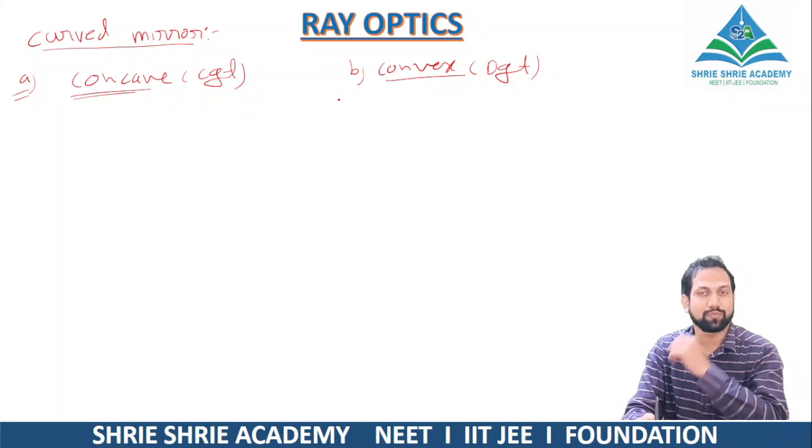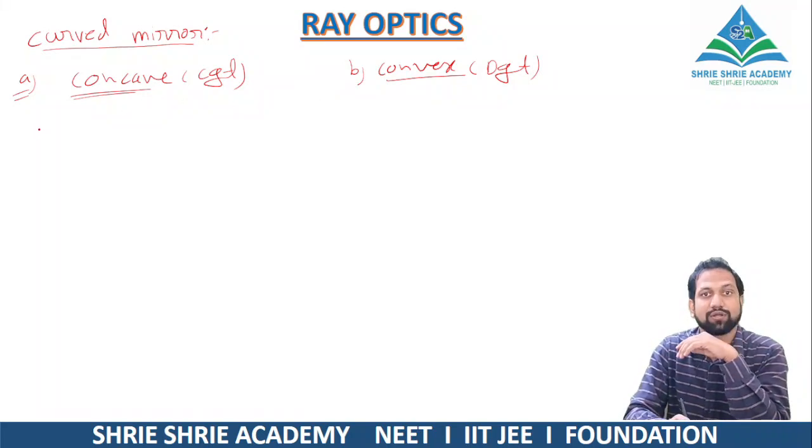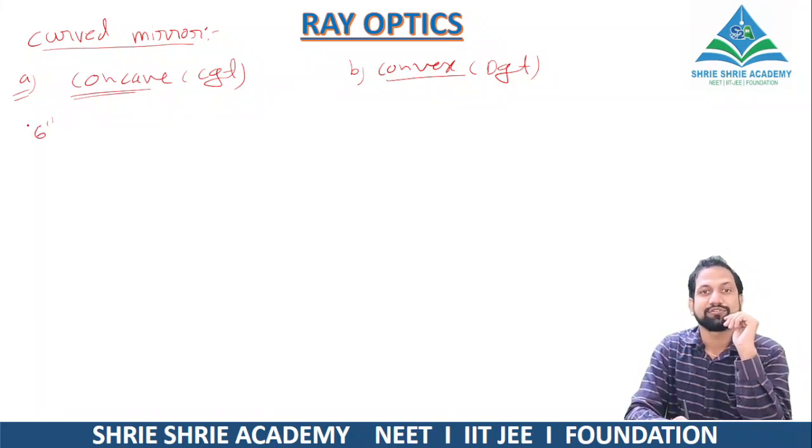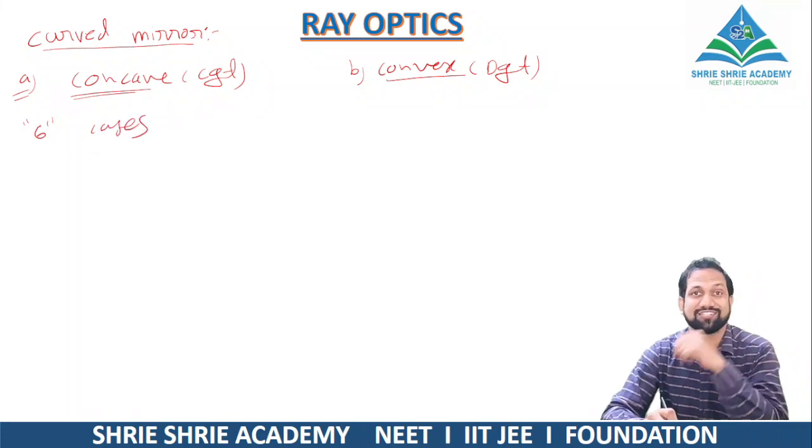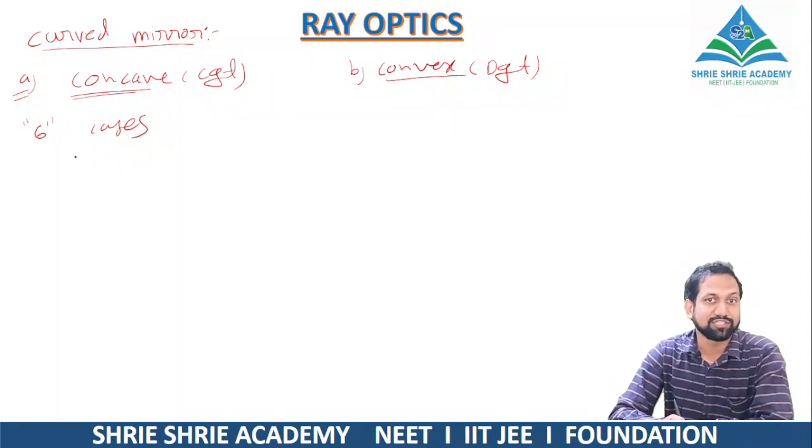These two are important, and in the concave mirror there will be 6 possibilities, 6 cases, and those 6 cases you have to remember. I'll read the 6 cases here.